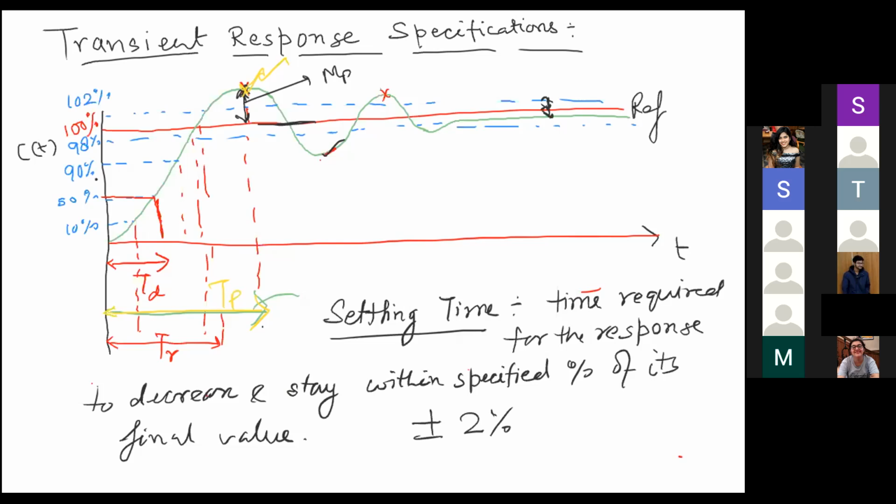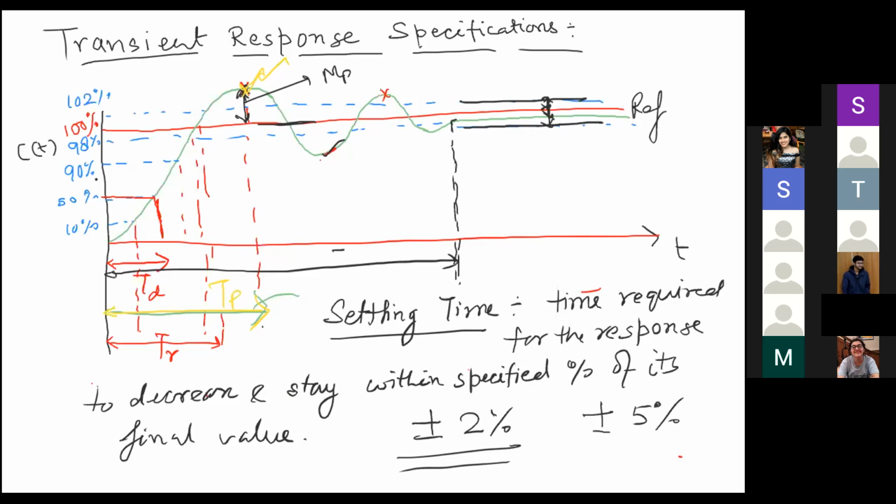When it is within the specified range, either plus a certain error or minus a certain amount of error, which is specified by you, it can be plus minus 2% or plus minus 5%, and that is defined by the user. So when we reach that limit, that time is known as settling time. So this one is TS.